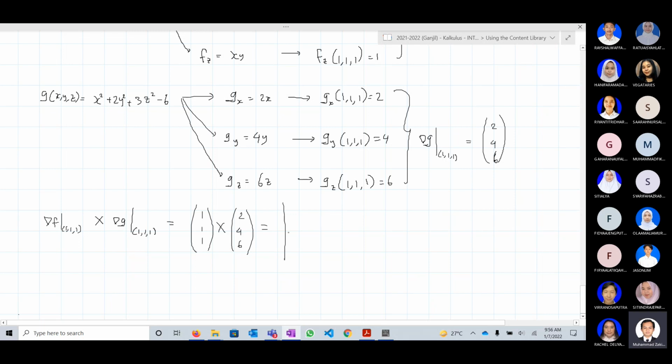which is the determinant of i, j, k, 1, 1, 1, 2, 4, 6.